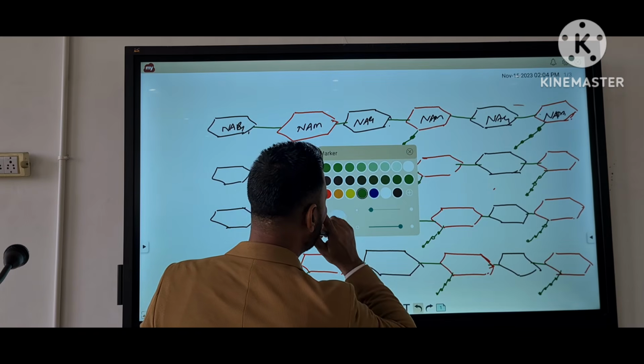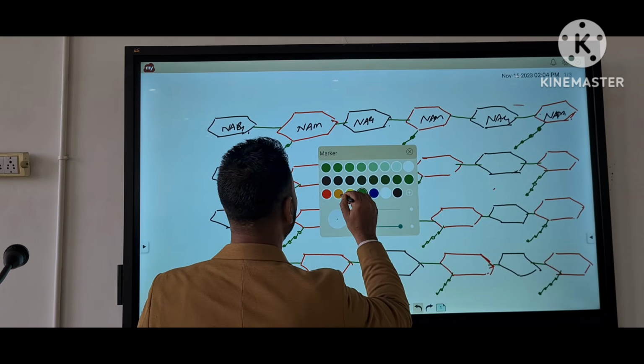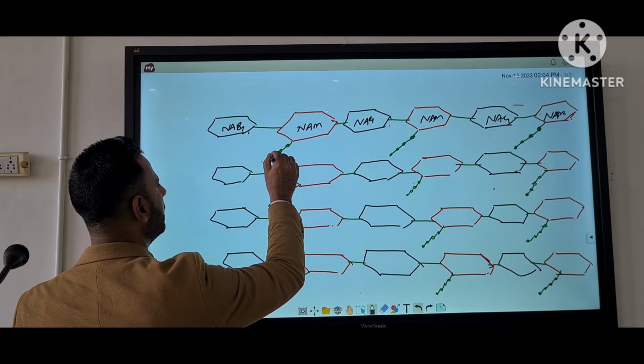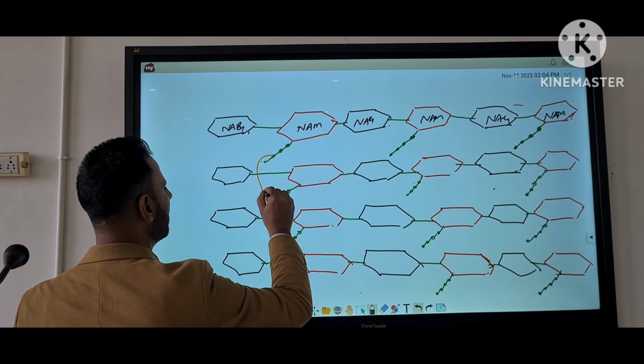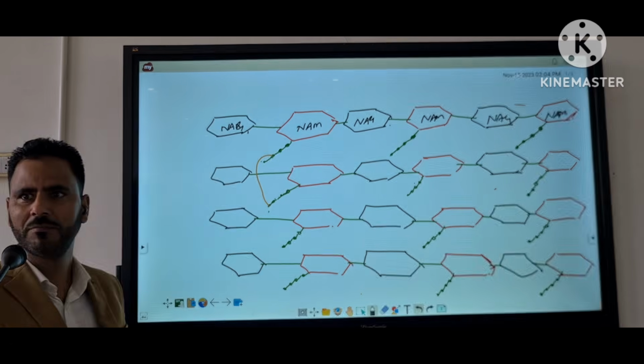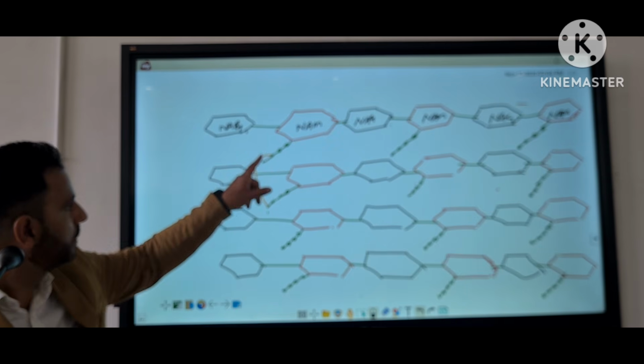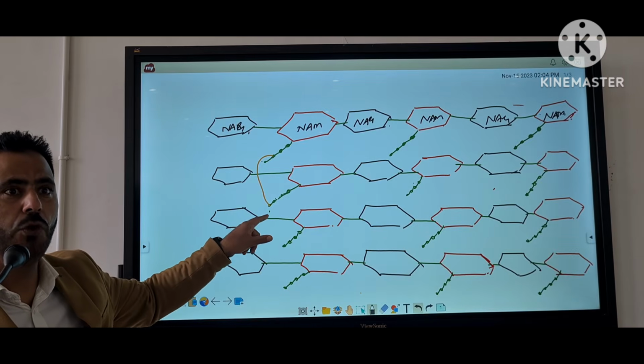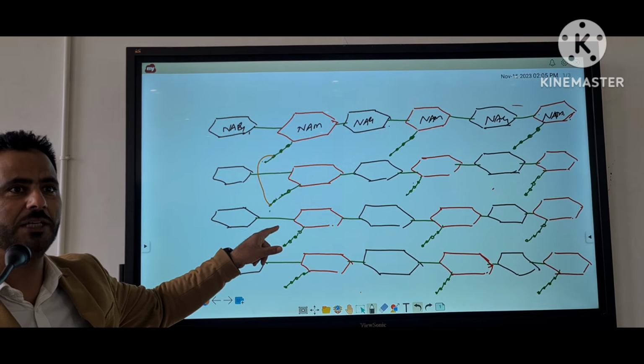You connect the 3rd amino acid of the first chain with the 4th amino acid of the second chain.